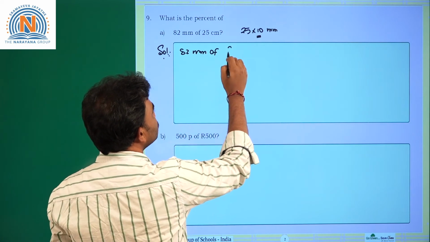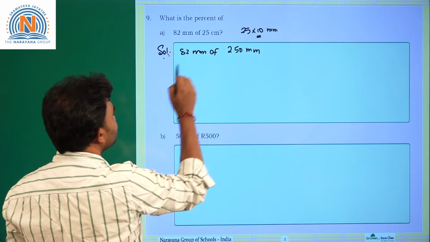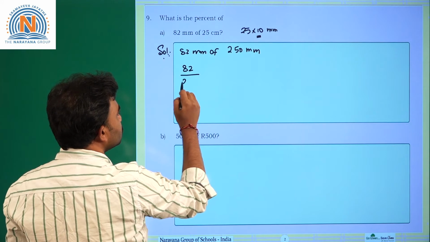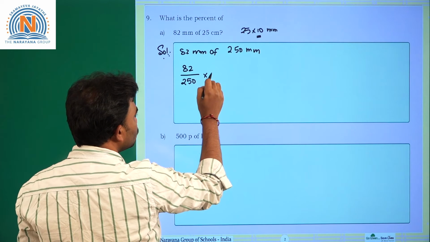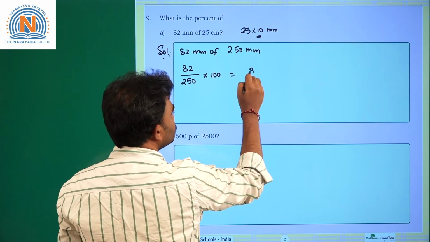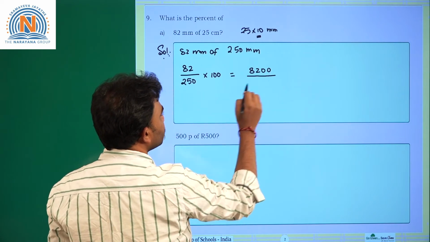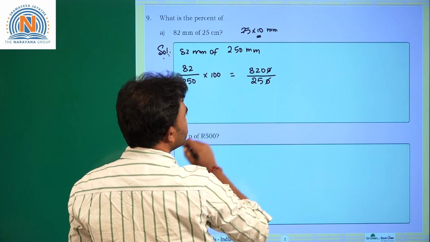It is equal to 250 millimeters. Now to find the percentage, 82 millimeters by 250 millimeters into 100. It is equal to 82 into 100, 8200 by 250. Now the zeros cancel.